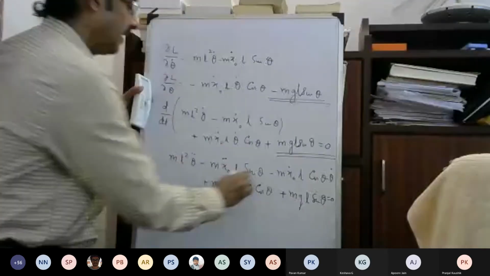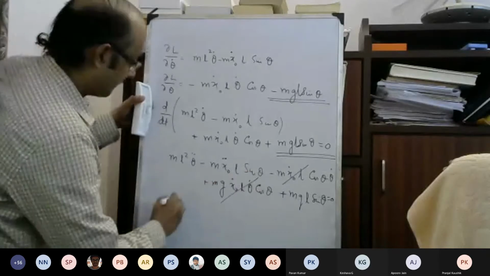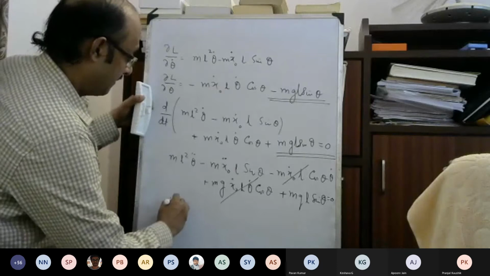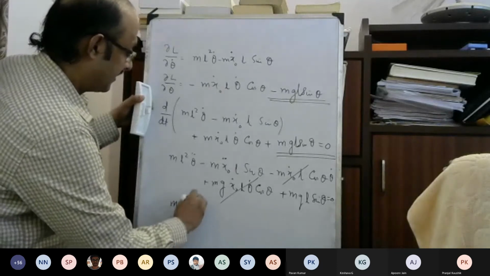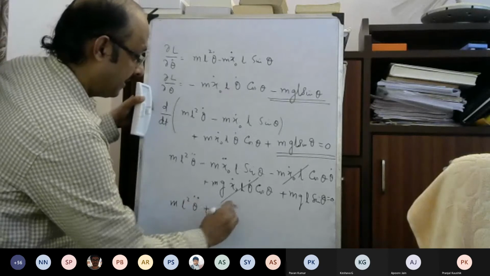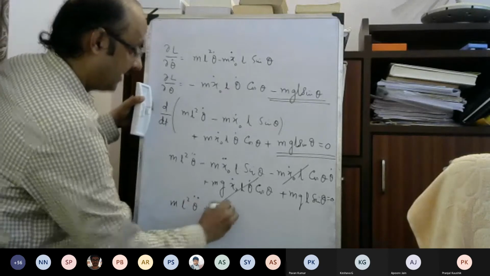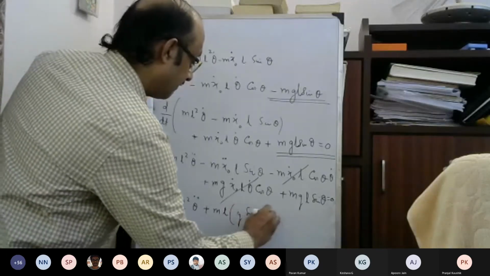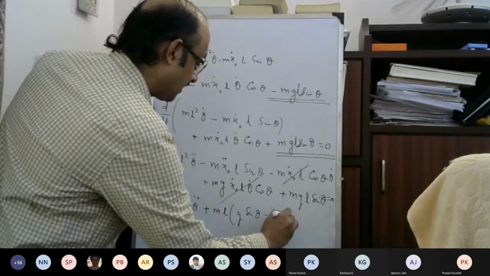It gets cancelled out, and you'll get m L squared theta double dot plus m L times g sine theta minus x naught double dot.